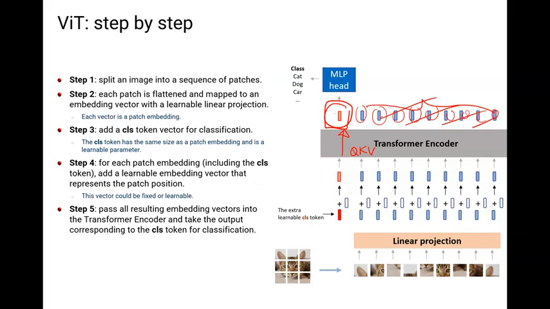We only care about this one, because it will go through an MLP, which is a fully connected neural network. So basically, it's not a CNN, it's a fully connected one. That means you have multiple layers, maybe three hidden layers, and each unit is fully connected to every other one.